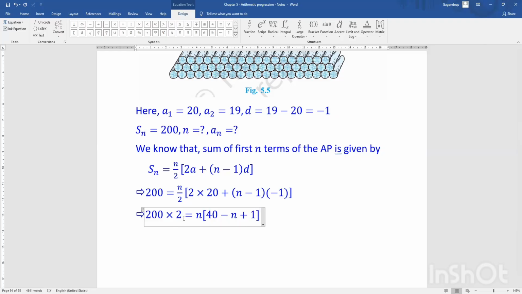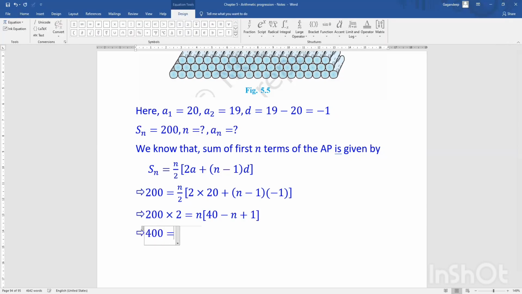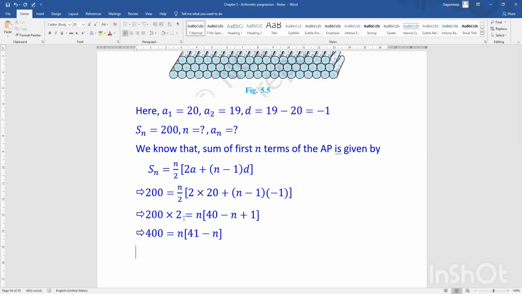Bracket close. Or we get 400 equals n into, then we have 40 plus 1 is 41, so 41 minus n, bracket close.